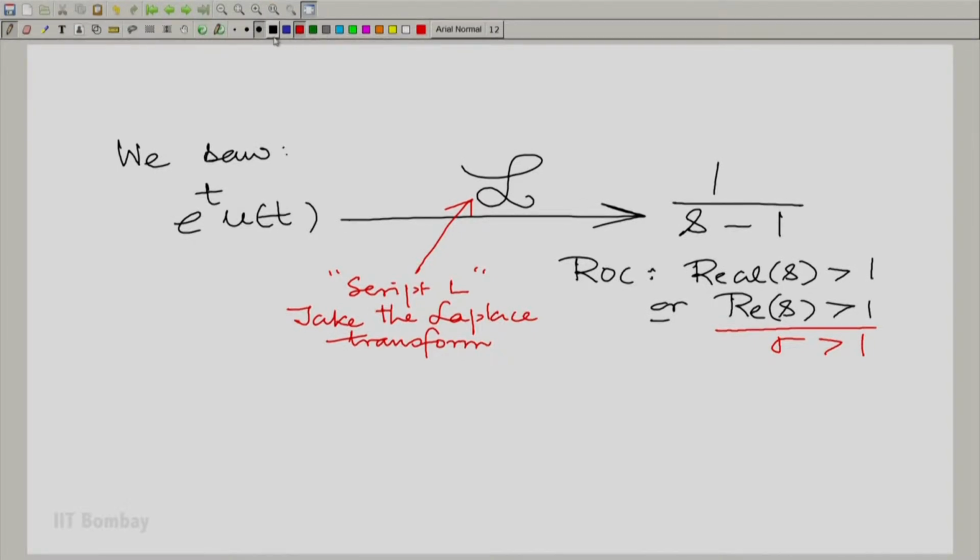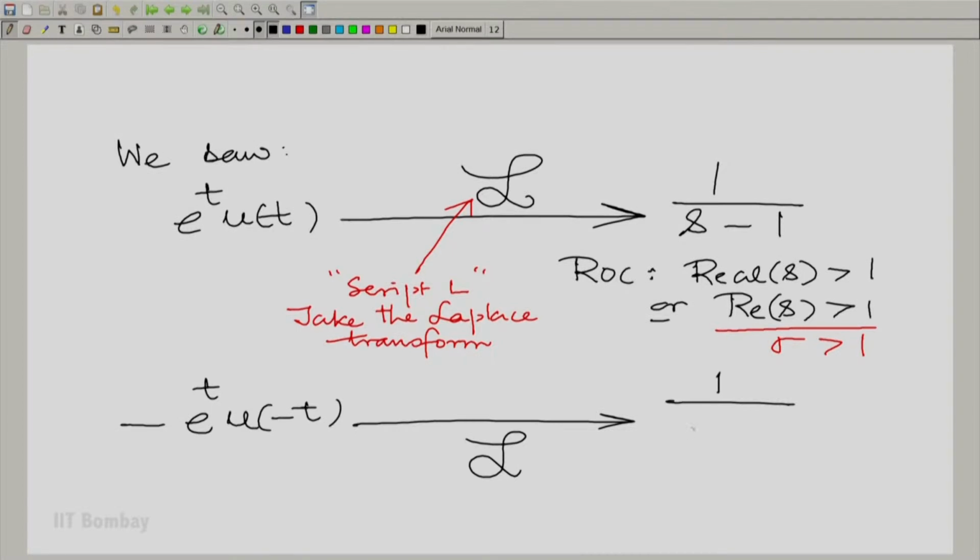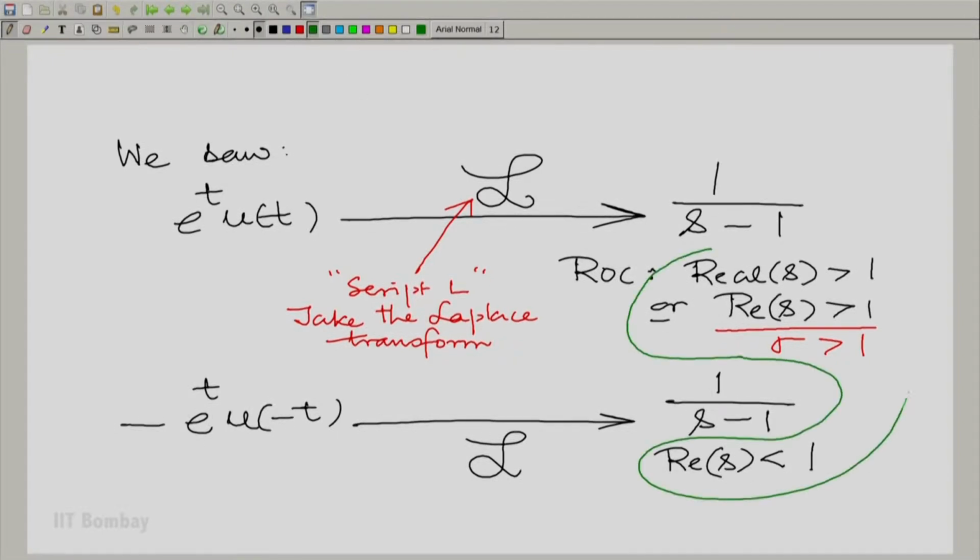And we also saw, minorly modifying what we did in the previous discussion, that minus e raised to the power of t u of minus t, when Laplace transformed, gave us 1 by s minus 1 once again, but with a region of convergence, real part of s is less than 1. So, the region of convergence matters.